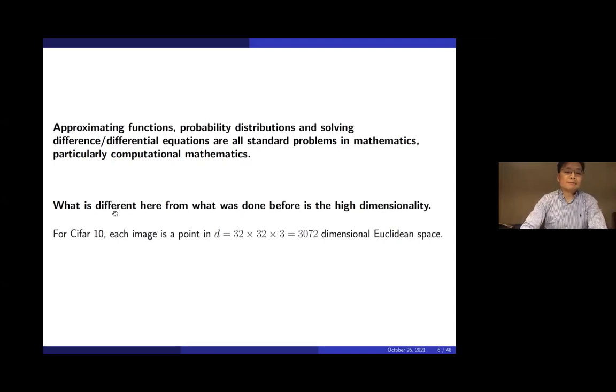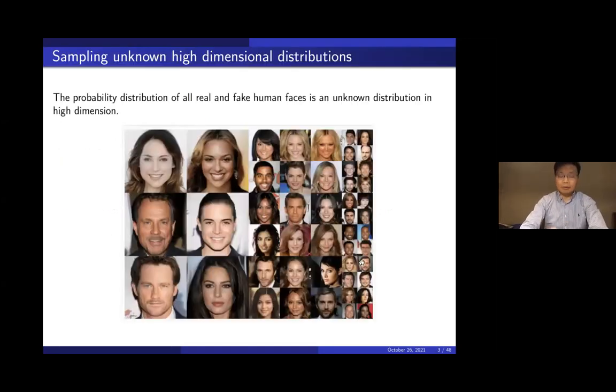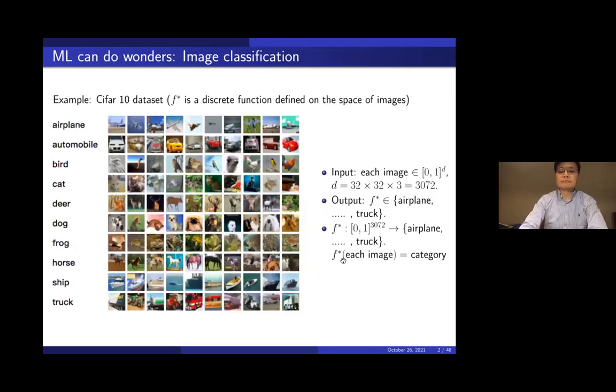But what is different here from what was done before in computational mathematics is that these examples are all very high dimensional. If we go back to the CIFAR-10 problem, we're looking for a function in the space of images, and each image can be viewed as a point in a 32 by 32 by 3-dimensional space. 32 by 32 is the number of pixels, and each pixel is a degree of freedom.